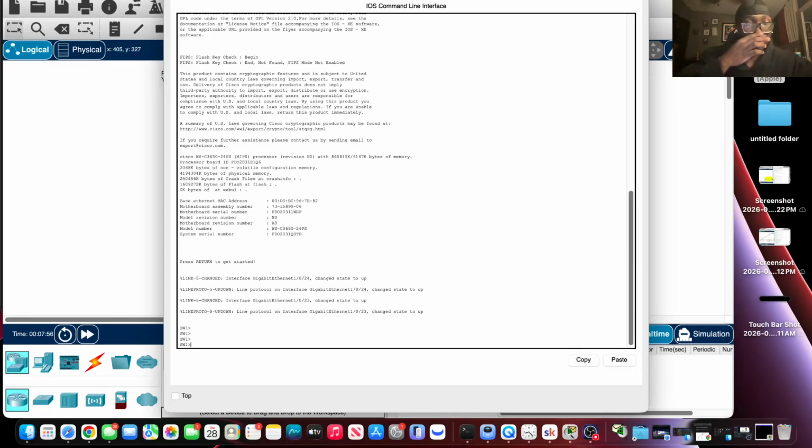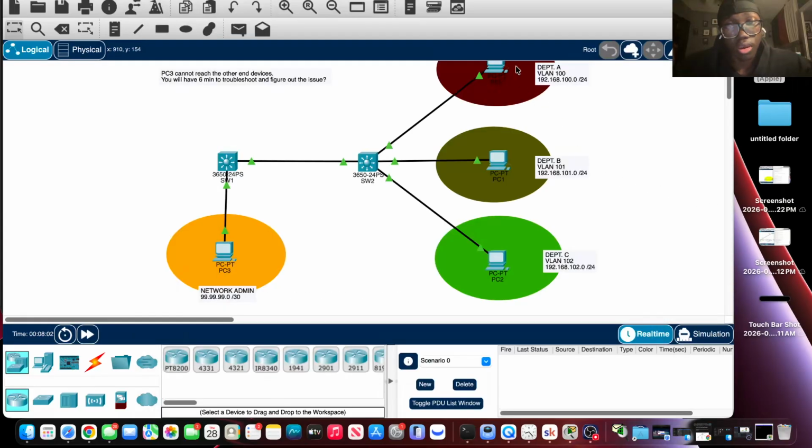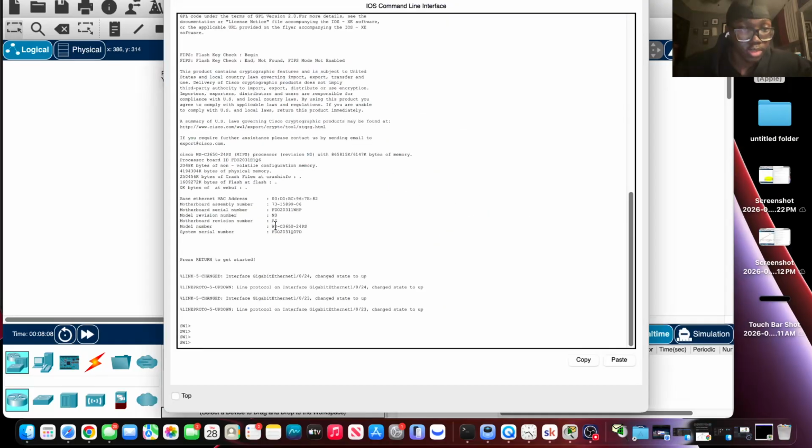Instead of putting all of them separately, we're going to do a summary route, which is basically all three of these VLAN routes summed up. And let's see if that fixes it.